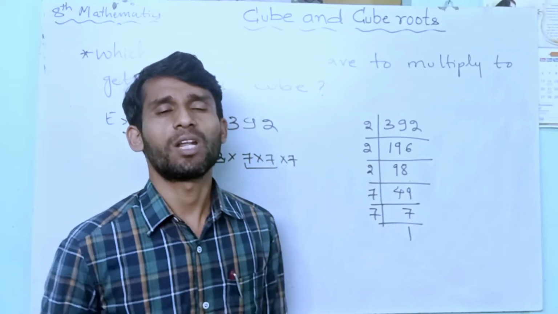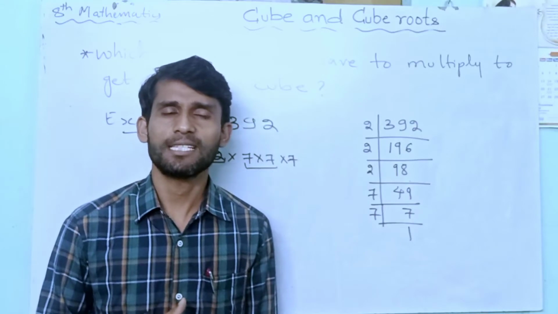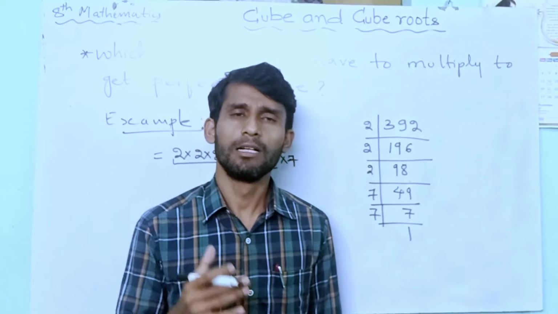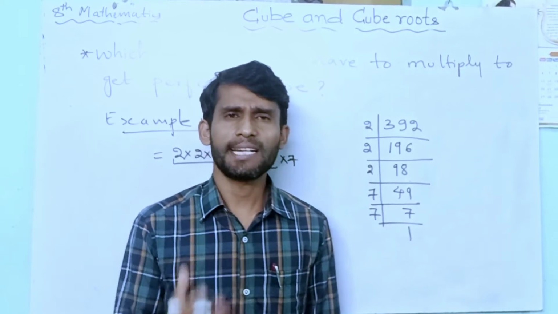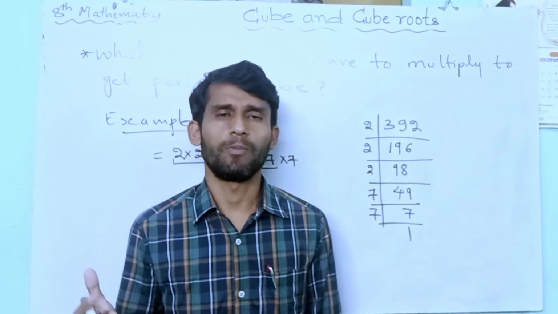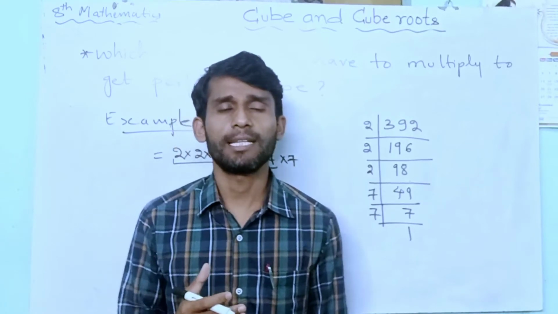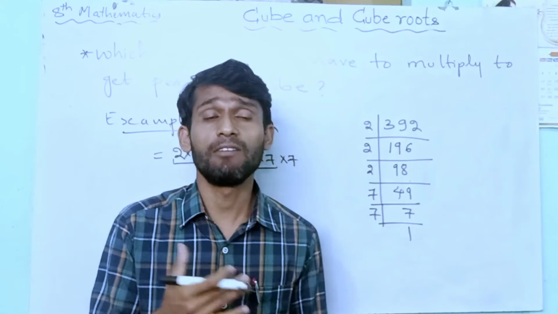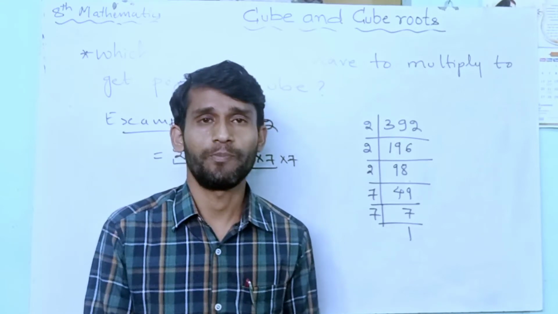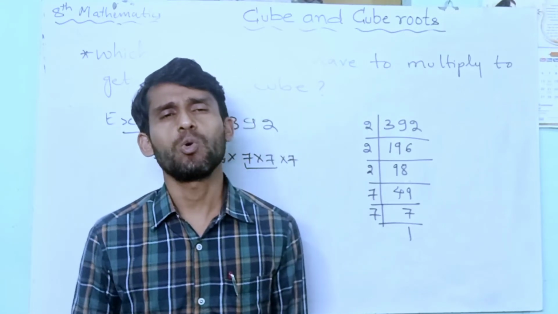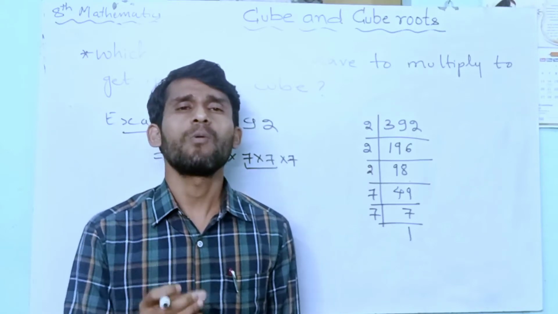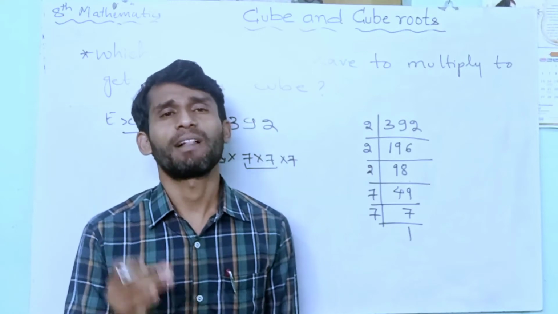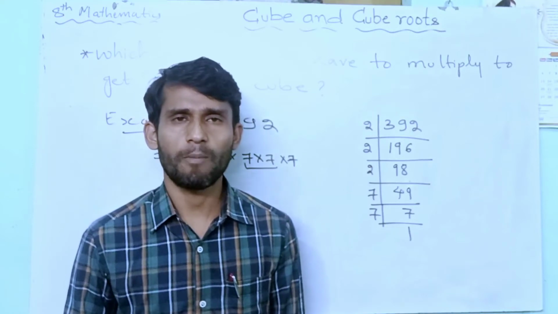This is one of the methods. Next, dear friend, if a number is given that is not a perfect cube, we have to find out by which number we should divide it to get a perfect cube. I will show by using an example how we can find which number we have to divide to get a perfect cube. Let us see an example here.